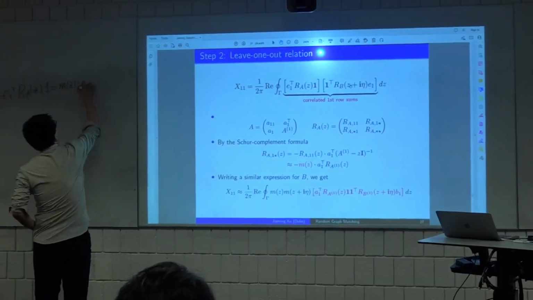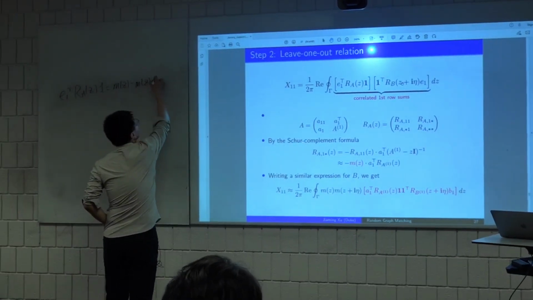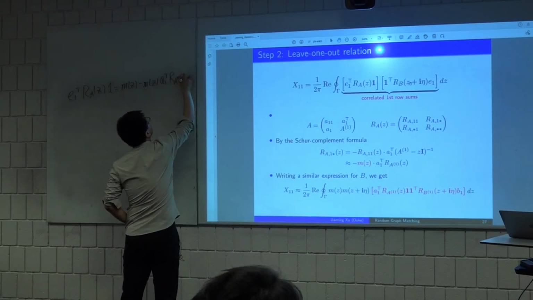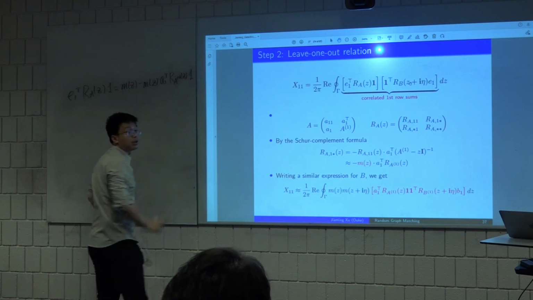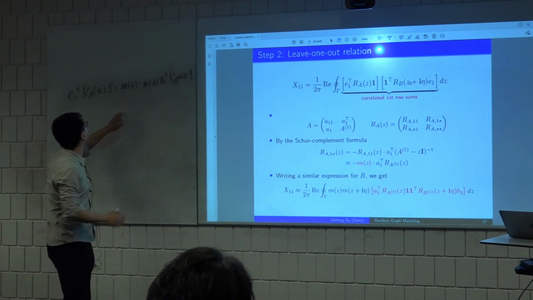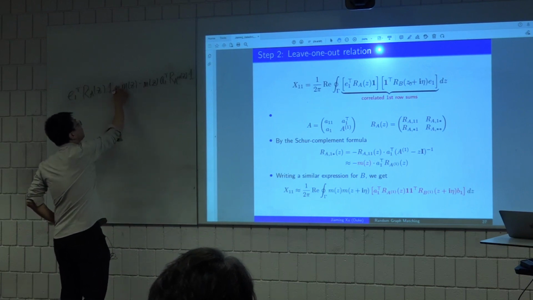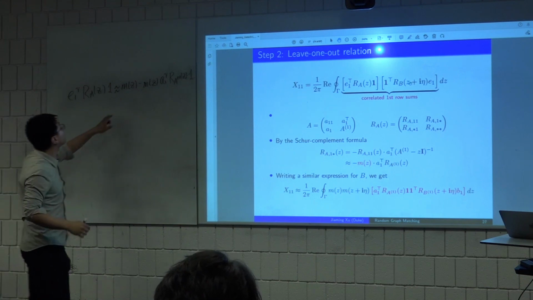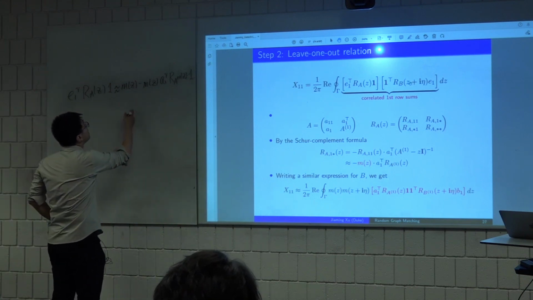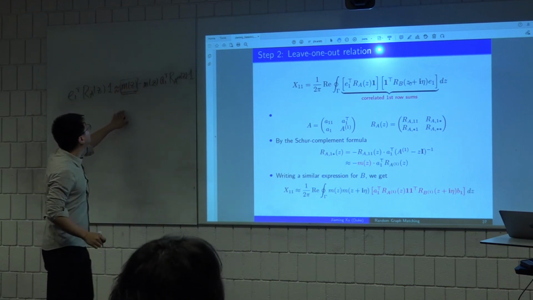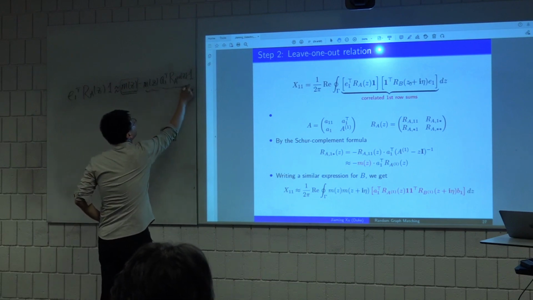So you should get mz times A1 transpose R_A1 z times the vector of ones. There's some approximation here, so I should not write equality. Make sense? Now I can plug this in, but let me cheat a little bit here. Let's not worry about this one, because we can deal with it. The crucial thing is this part.